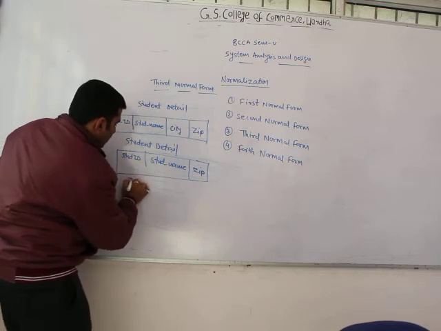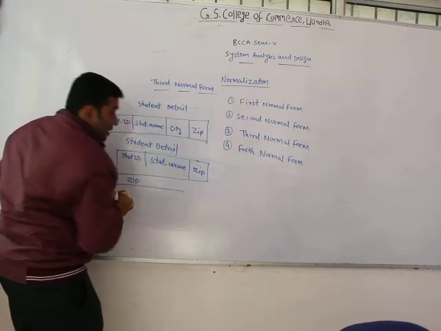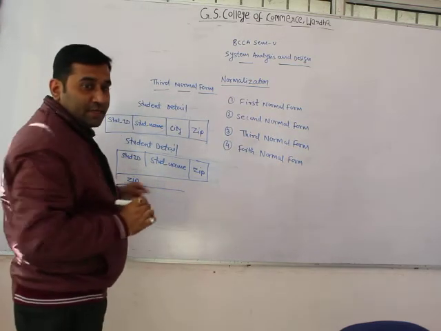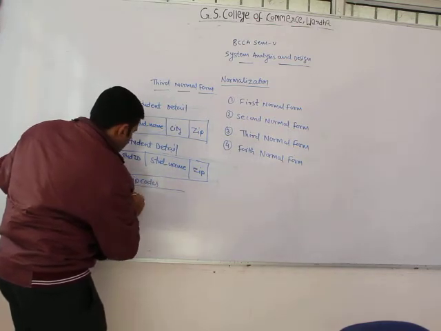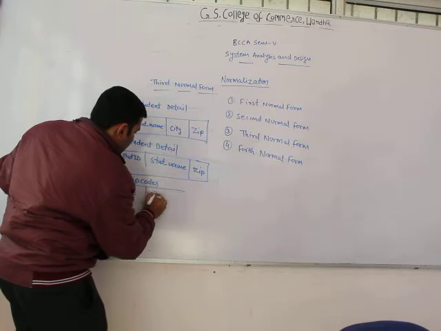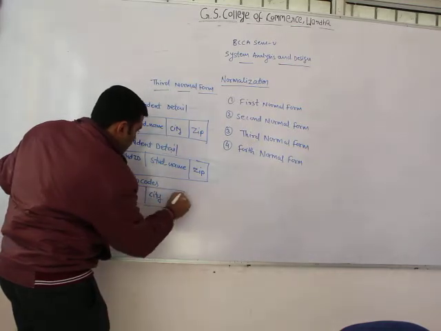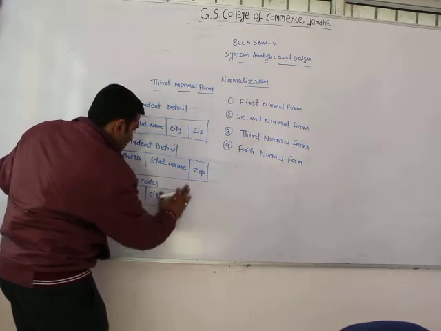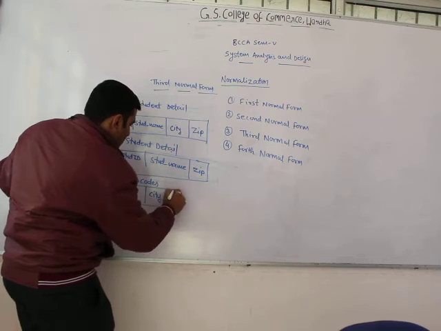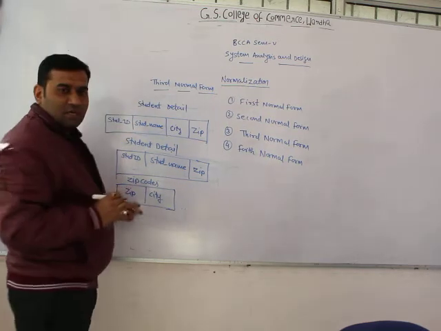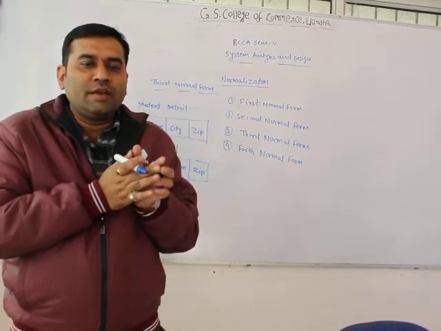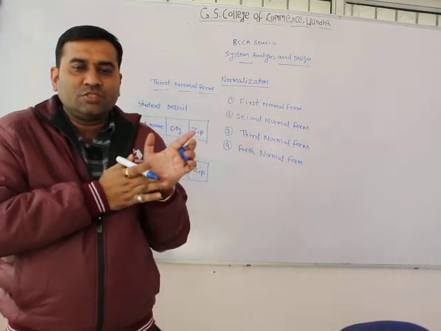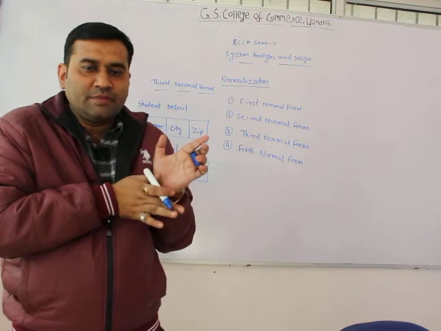In the zip table, we have their zip and their city. The city can be identified by the student ID as well as by zip itself.